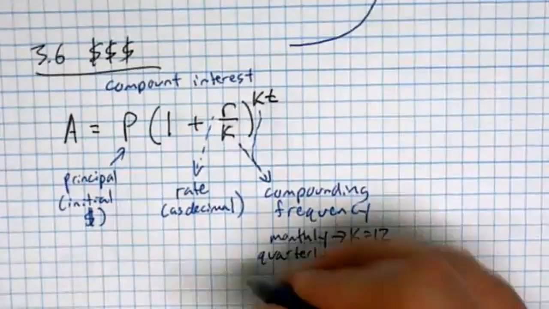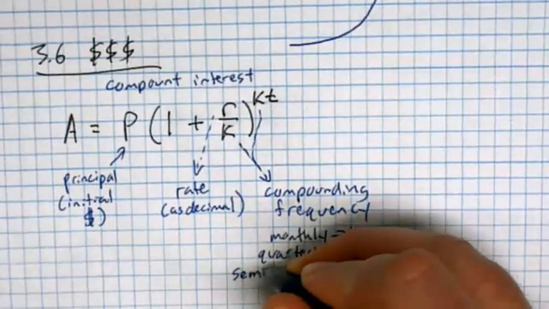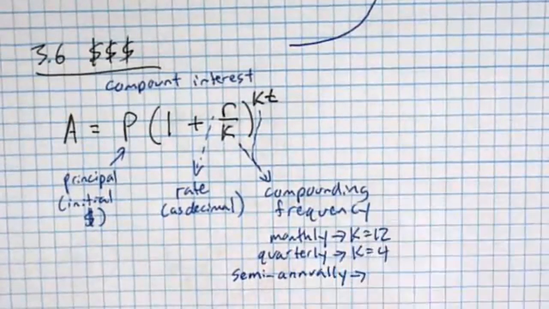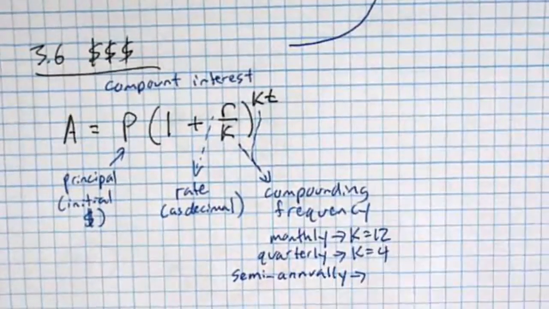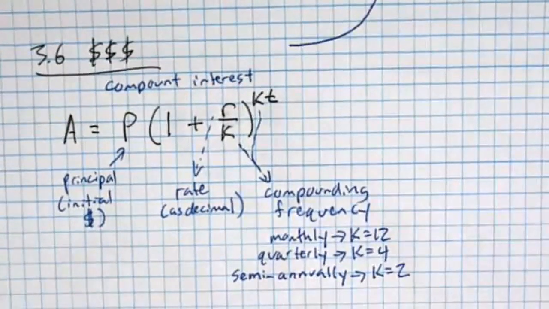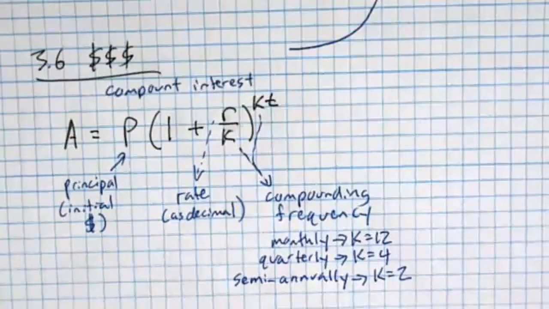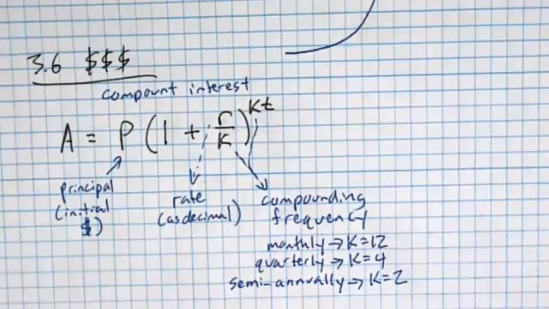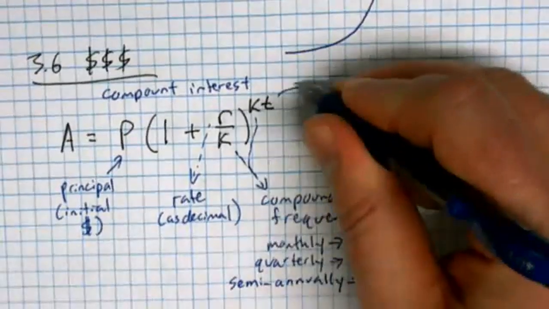And then sometimes you'll see semi-annually, which in that case, K equals 2. Biannually, semi-annually, I think that those two things mean the same thing. Usually I hear semi-annual. I think about like TV commercials, like it's our semi-annual sale. And then T is your time in years.